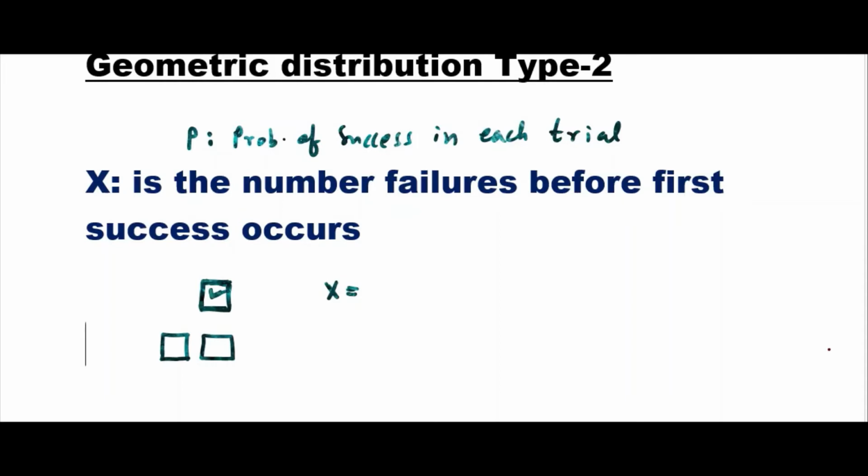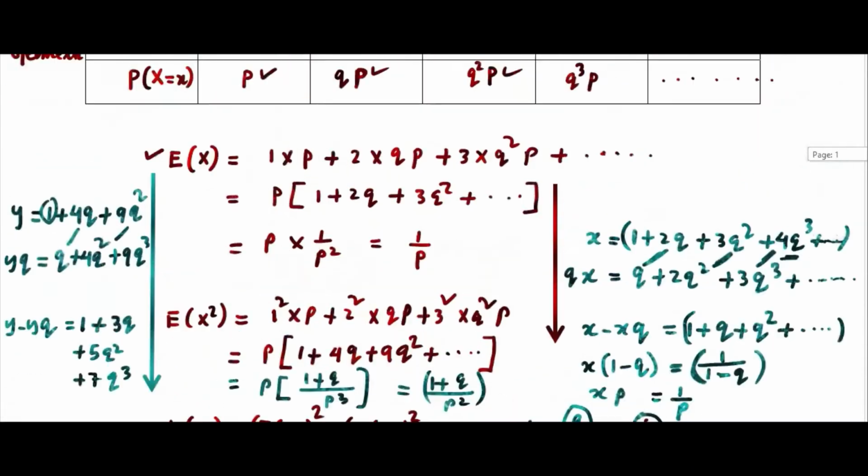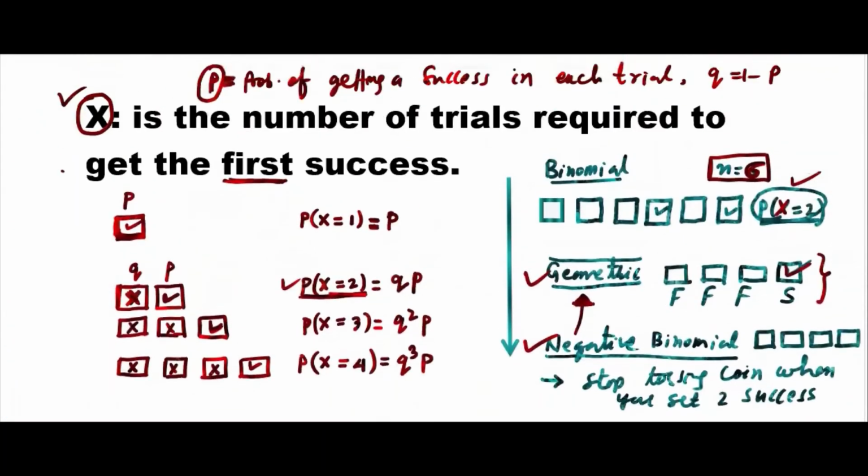So what does x equal to 0 mean here? Number of failures is 0. Yeah, that means you got the success in the first trial only, so you never had a failure before. For the same thing we earlier wrote x equal to 1, because we were interested in the success, the positive one.